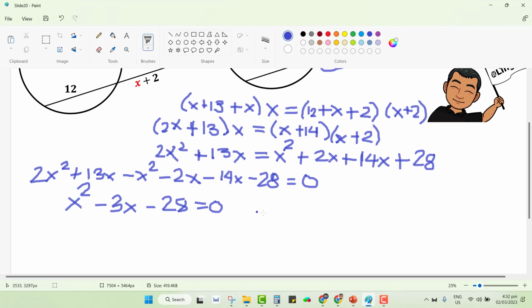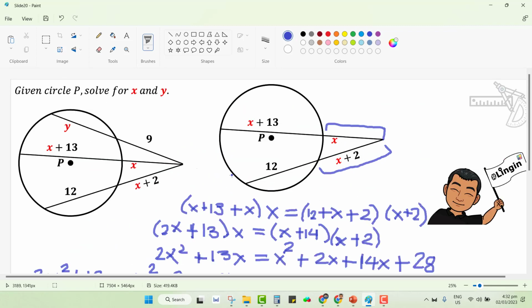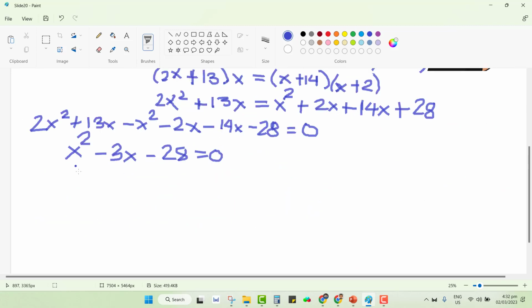Now that we have this quadratic, we can solve for the value of x. We could have this factor, x, and another x here. You will have negative 28, so you will have 7 and 4, specifically minus 7 and plus 4.